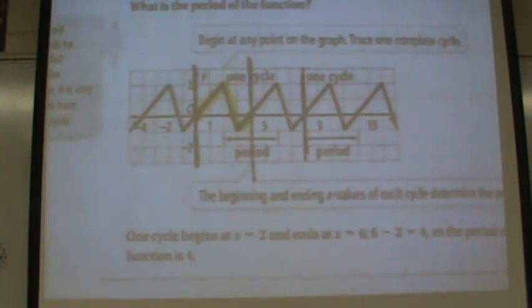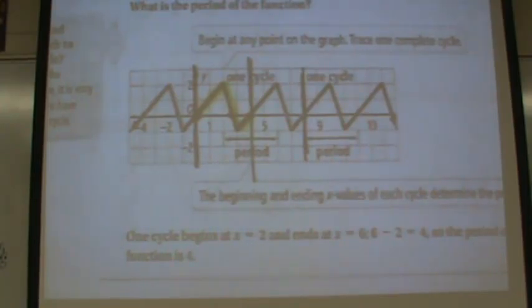The length of the cycle, regardless of where Kaylin or Chelsea or D'Angelo or Jack, wherever any of you guys started to where you ended, if you looked at the length of it, the distance of the cycle stayed the same.